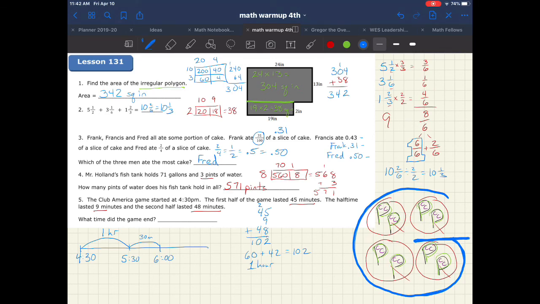So that 42, 30 plus 12 more would get me a total of 42 minutes, right? The 30 and the 12 give me 42. So 12 minutes after 6 is 6:12. So it looks like this game ended at 6:12.